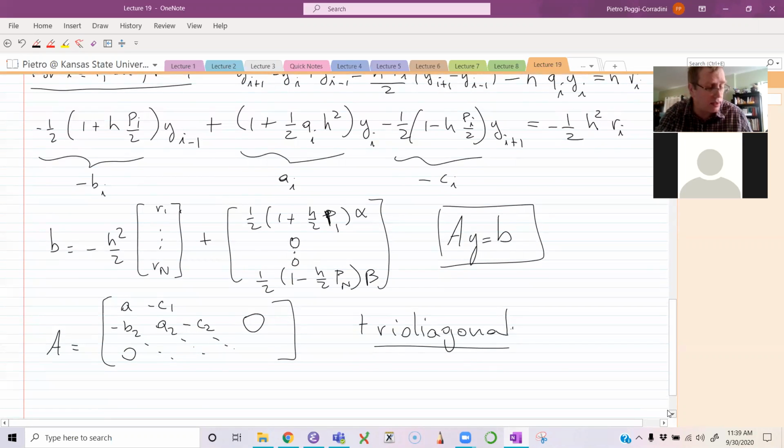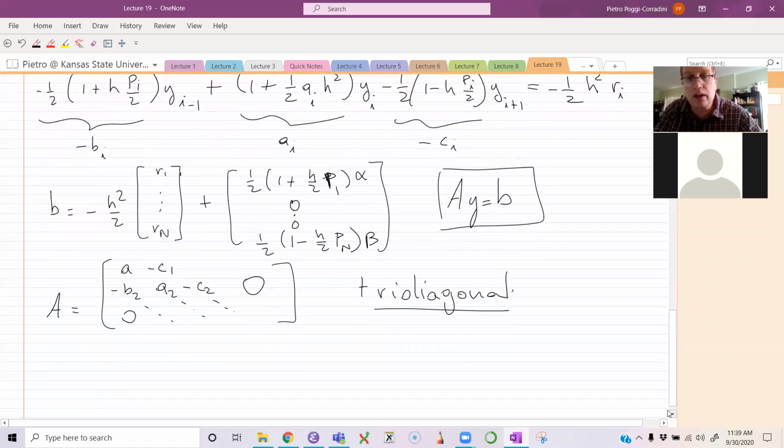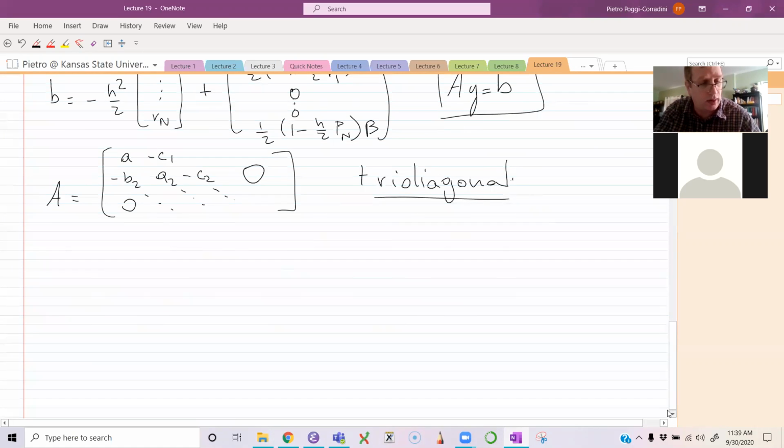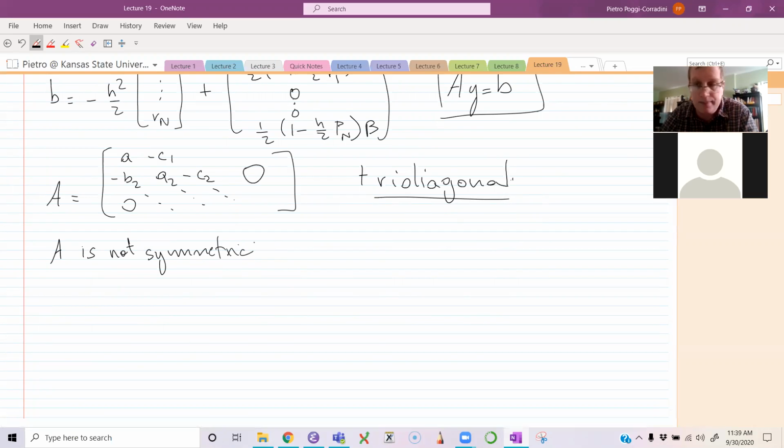Okay, so we want to solve this tridiagonal system, but we're going to do something clever before solving that. Notice that this is not a symmetric matrix. So why don't we try to make it symmetric?